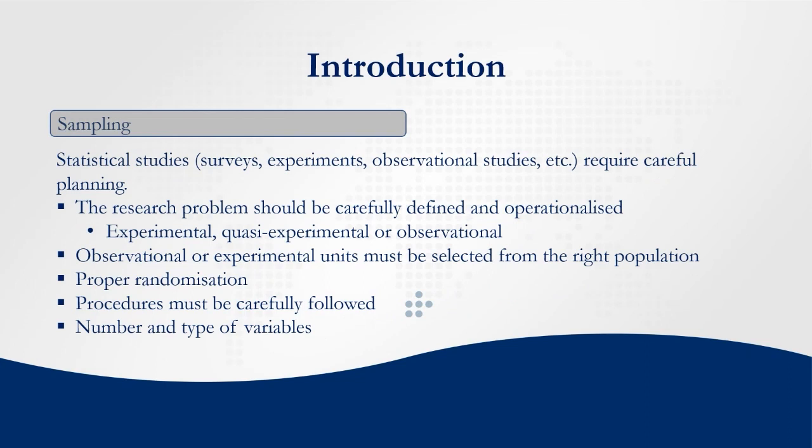In terms of sampling, when you are doing a study, whether it's experimental or observational, careful planning is required. It's important that your problem is defined properly and that you operationalize it.